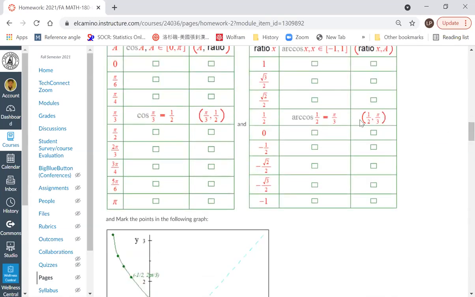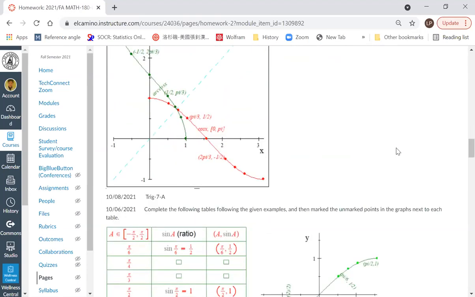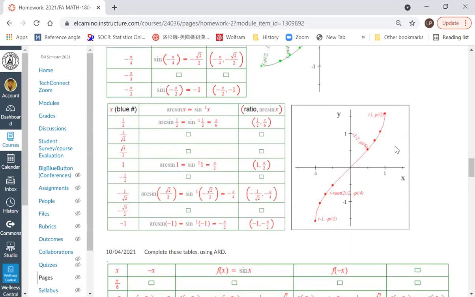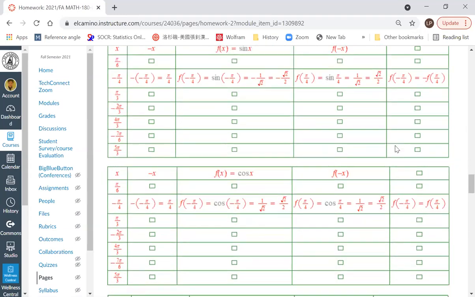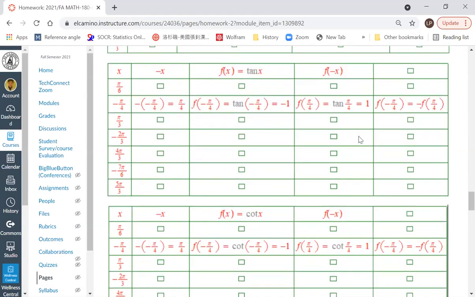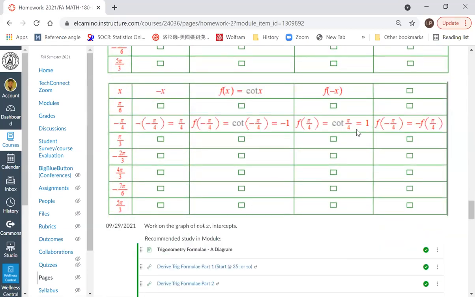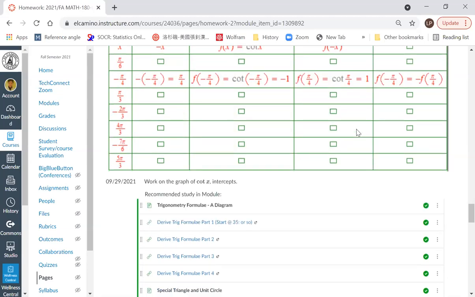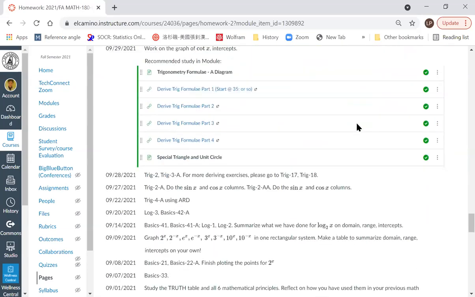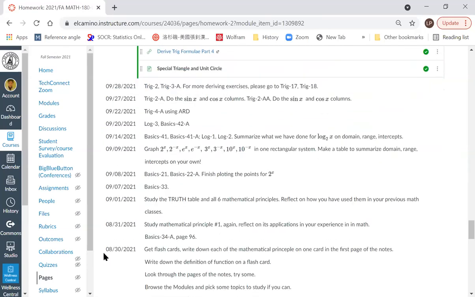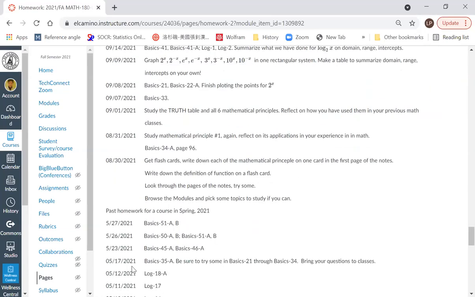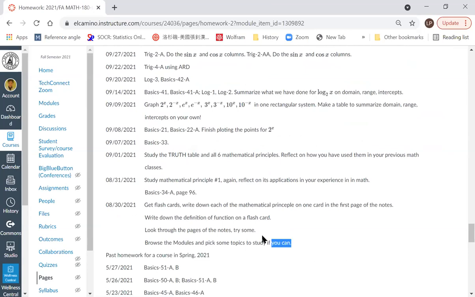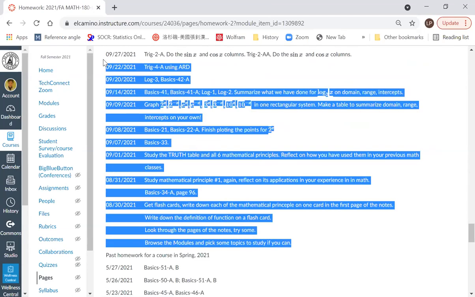These are the new homework in addition to the homework I have assigned you in the notes. You can see the homework reflects the lecture. These are the homeworks that have been assigned to you since the beginning of the semester.